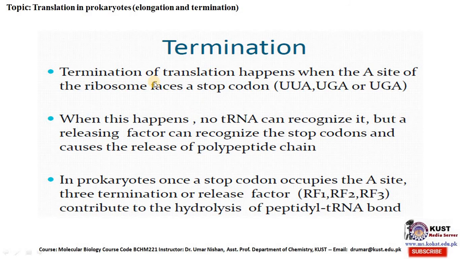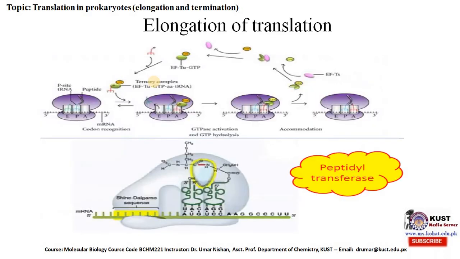Now this process of elongation continues. Overall, elongation of translation continues for a period of time until a stop codon is reached, because different proteins have different coding messenger RNA, so it depends on how many codons are present in the messenger RNA.